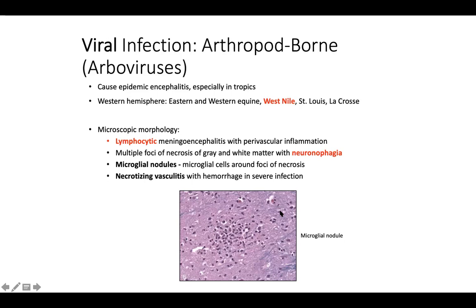There's going to be nodules and then necrotizing vasculitis. We can see that these are lymphocytes instead of neutrophils. And this whole thing represents a microglial nodule.